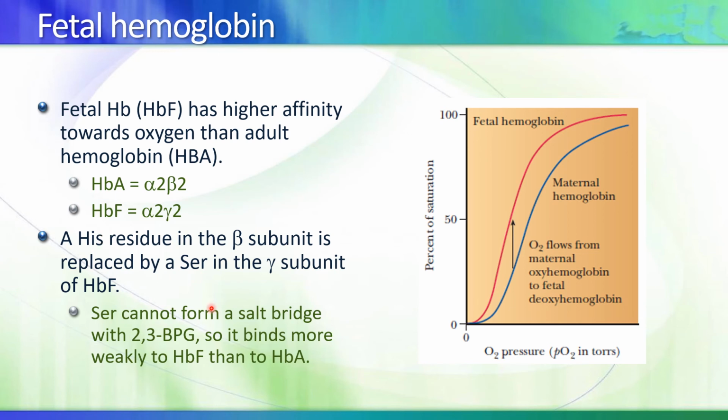And this histidine is important for interaction with the 2,3-bisphosphoglycerate, and serine cannot form these electrostatic interactions. So interaction between the 2,3-bisphosphoglycerate and fetal hemoglobin is weaker than its interaction with the adult hemoglobin, and that is why fetal hemoglobin has higher affinity for oxygen.